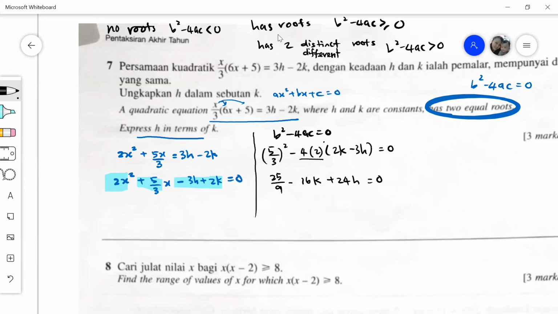Then we make h the subject. So leave the h on the left hand side, the rest bring over to the right hand side. We will have 16k minus 25 over 9, and everything divided by 24. We will have h equals 16k over 24 minus 25 over 9 times 24.